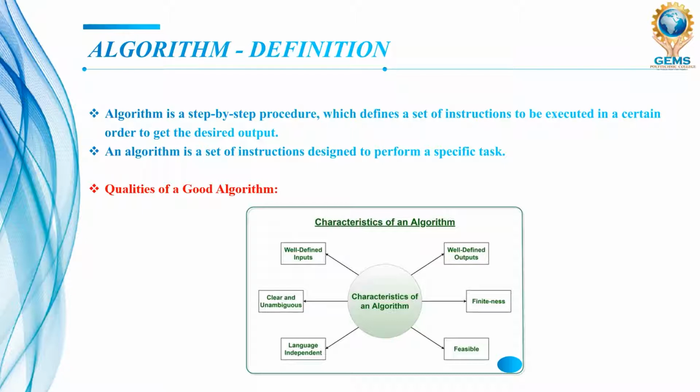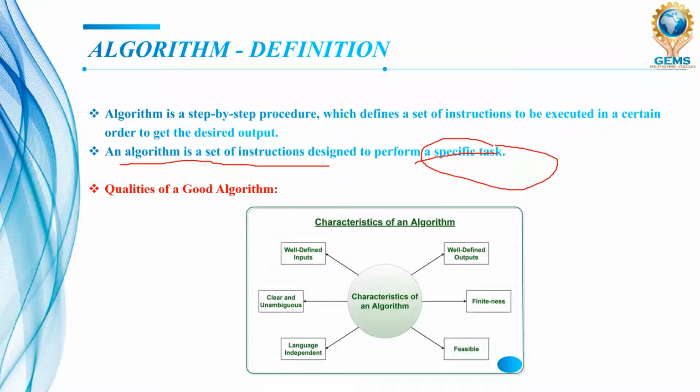In other words, we can say that it's a well-defined procedure which helps us to execute a program in a certain order to get the desired output. In other words, we can say an algorithm is a set of instructions designed in such a way to perform a specific task. So our desired output is the specific task.